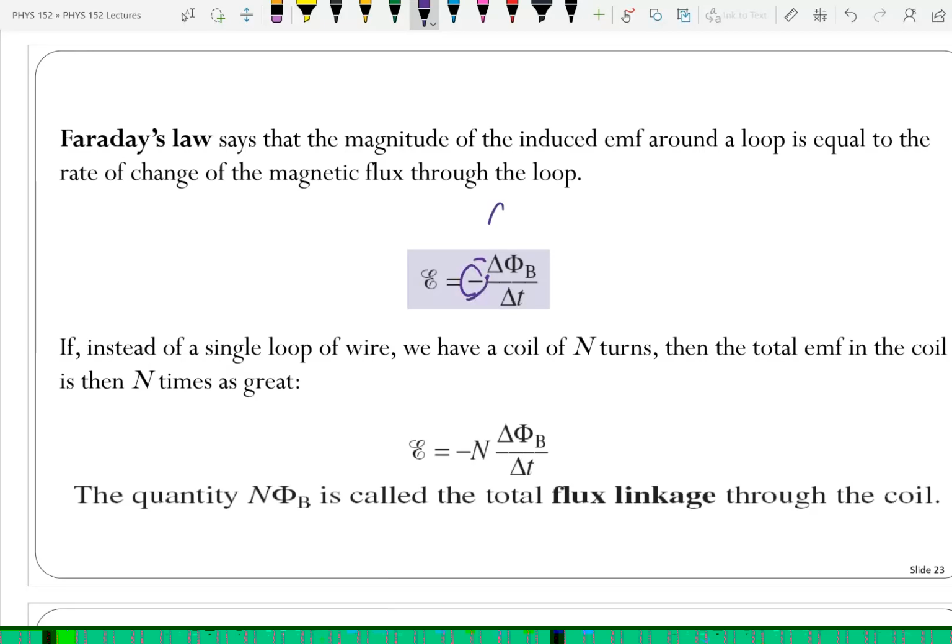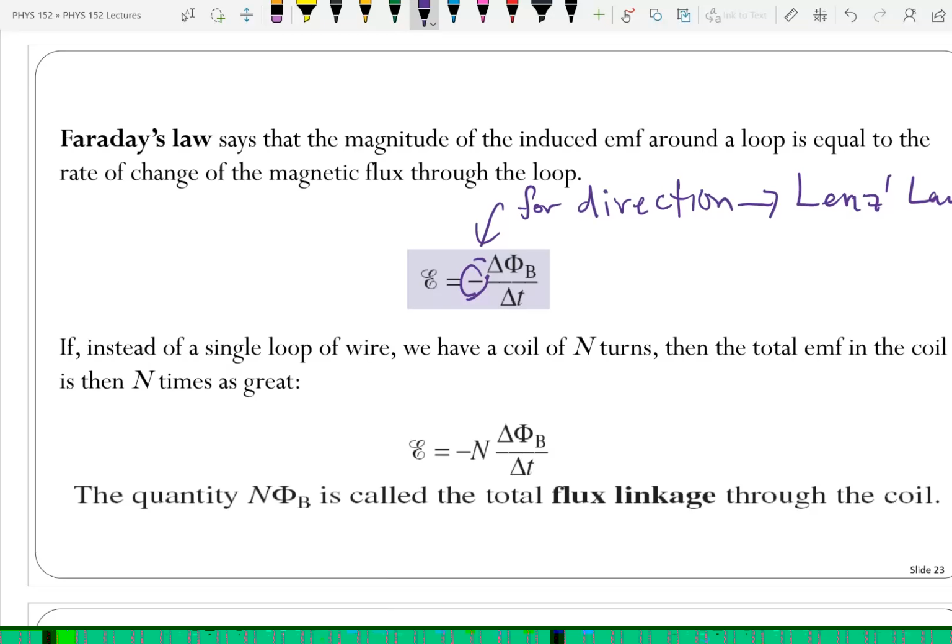That minus sign is for direction. And I will refer to Lenz's law for the direction. So as far as I'm concerned, that minus sign is really not important to us, except to remind us we need to check the direction of the current. Right? Mathematically, yes, it's important.